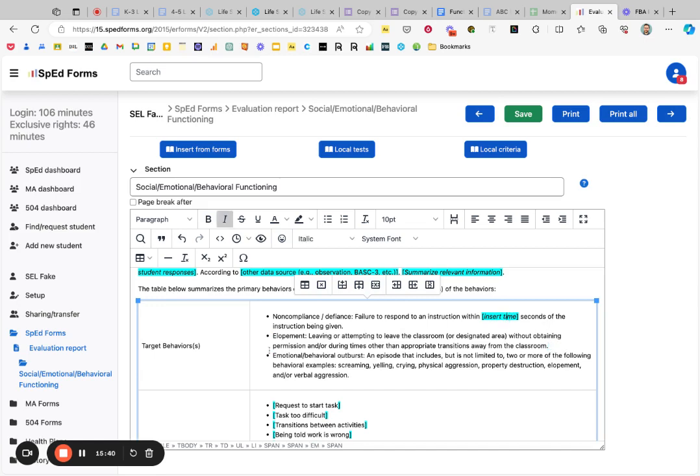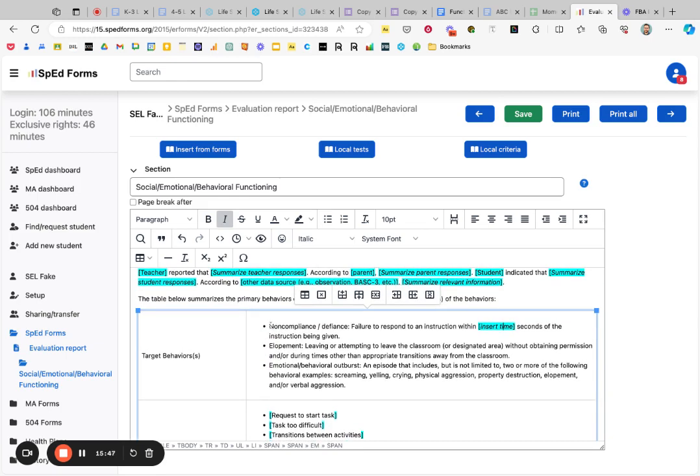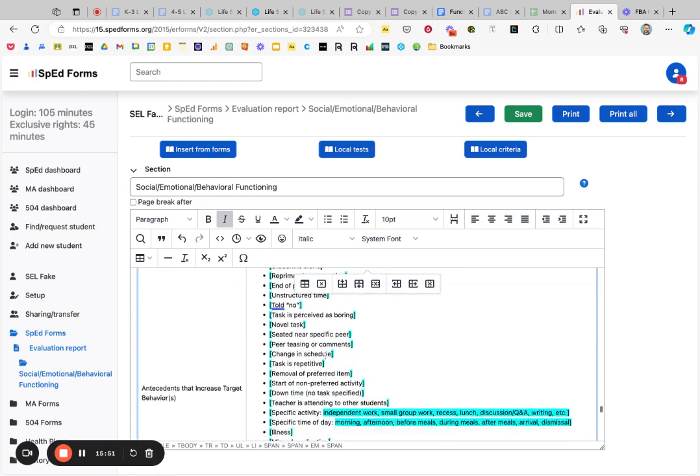I would fill that part out, obviously. But yeah, you want to remove the bullets that aren't relevant, aren't the target behaviors you guys are deciding on, and then modify this until it's accurate for the student.